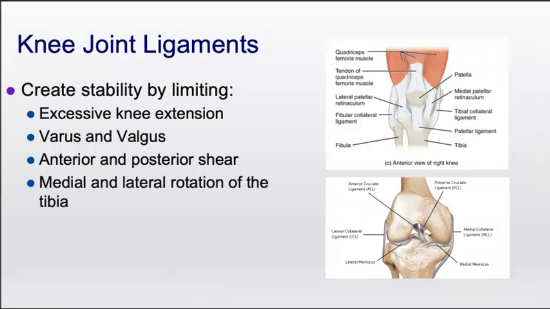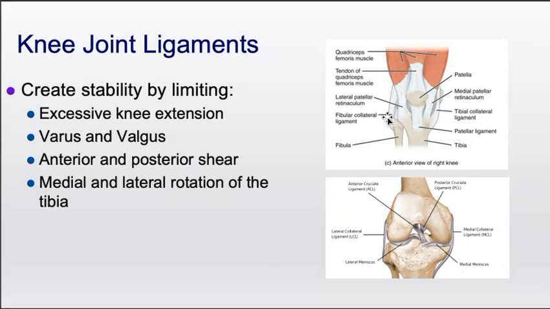The knee joint has a very complex, intricate, and in my opinion, very interesting ligamentous system. Okay, lots of forces are going through the knee that are either passive or active. And so you need a lot of ligaments to create stability, and they need to create stability by limiting movements that we don't want.